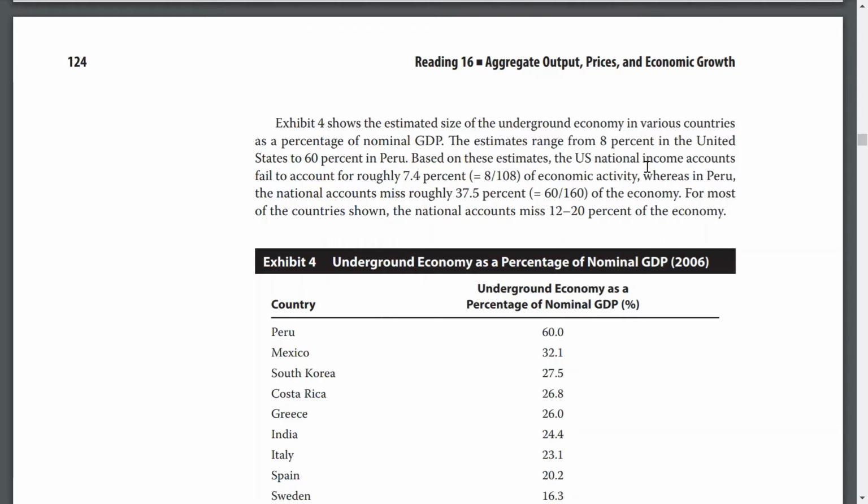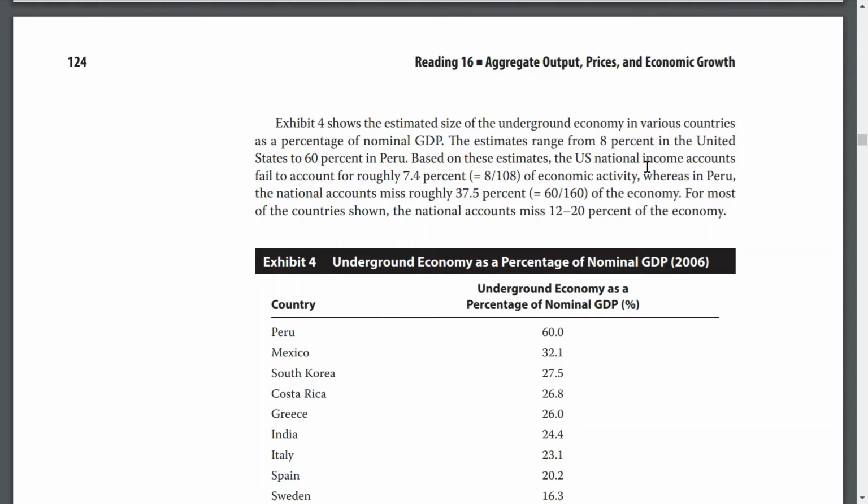Based on these estimates, the U.S. national income account fails to account for roughly 7.8%, or 8 out of 108 of the economic activity, whereas in Peru the national account misses roughly 37.5%, which is around 60 out of 160 of the economy. For most of the countries shown, the national account misses around 12 to 20% of the economy.